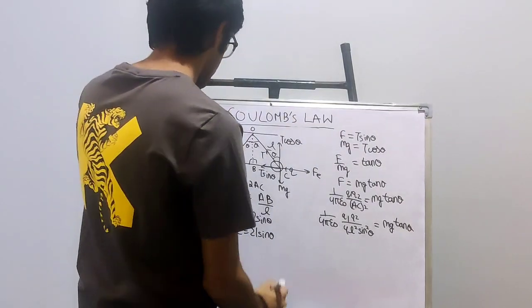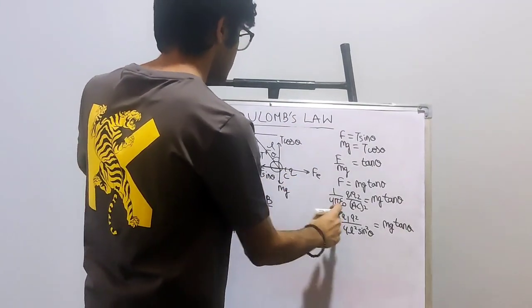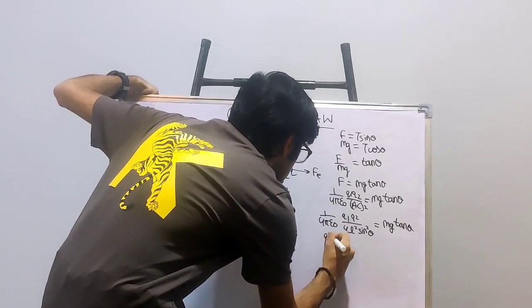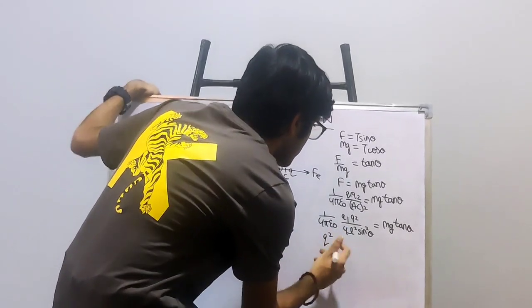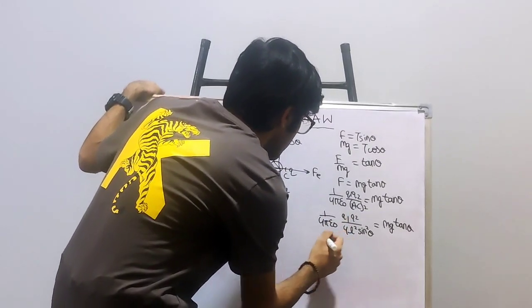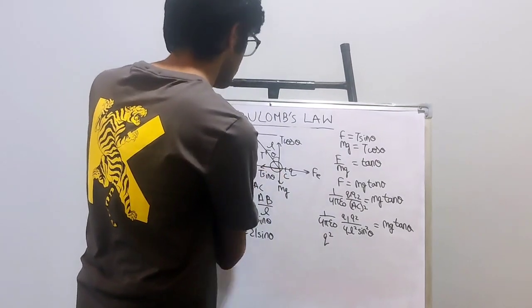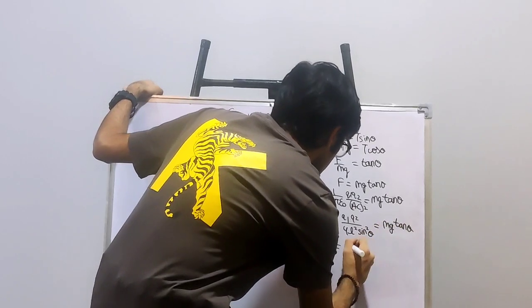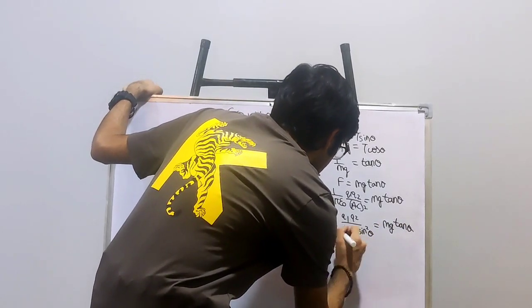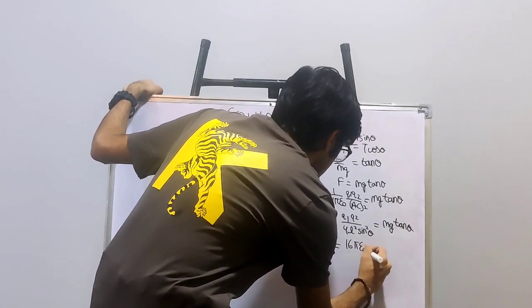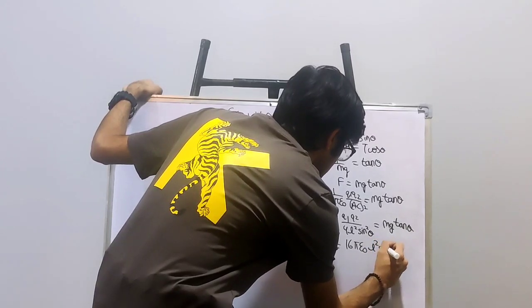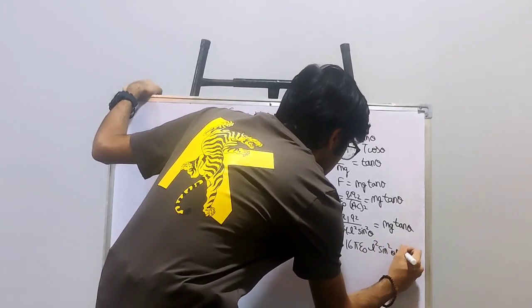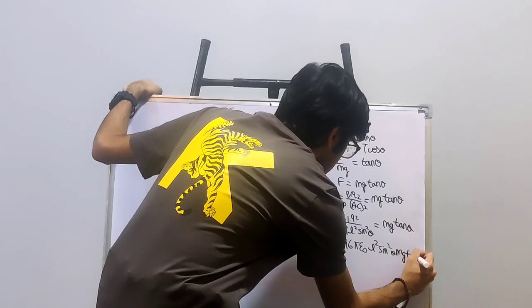So from here the charges are the same, so q1 q2 is nothing but q squared, and we need to calculate the charge only, both the charges. So q squared is equal to 16 pi epsilon naught L squared sin squared theta mg tan theta.